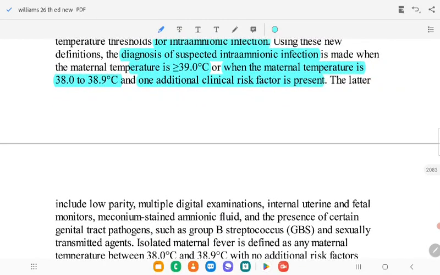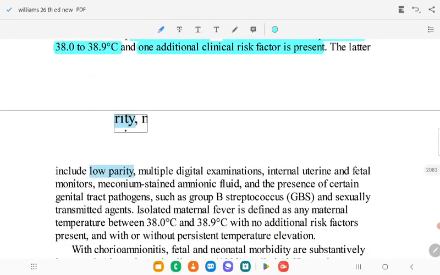The latter include low parity, multiple digital examinations, internal uterine and fetal monitors, meconium-stained amniotic fluid, and the presence of certain genital tract pathogens such as group B streptococcus and sexually transmitted agents.